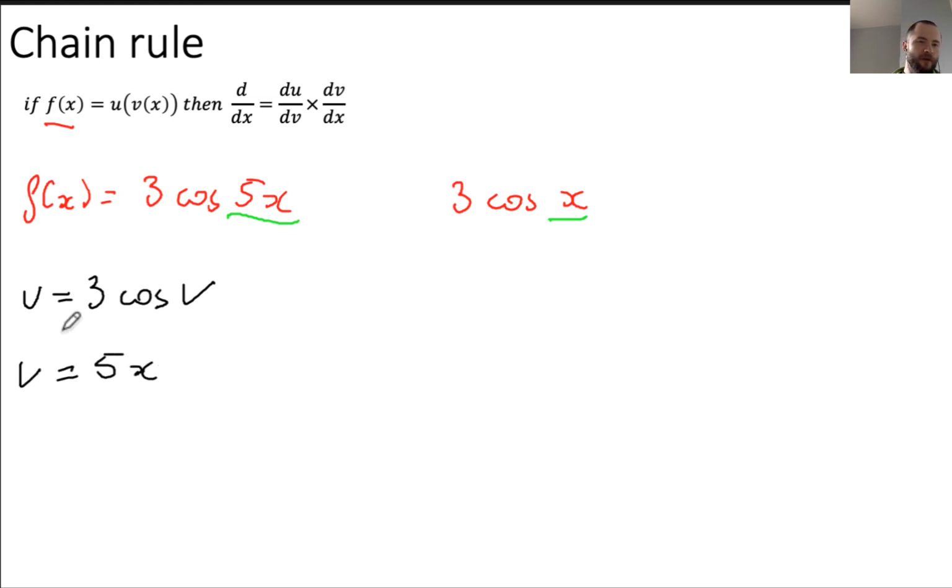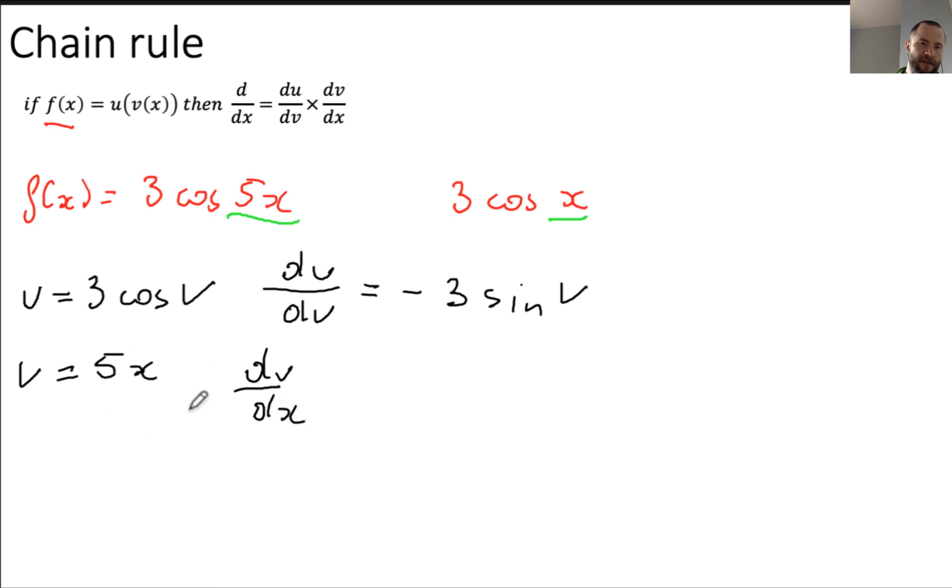So that's all well and good. I can find du dv. Note that v, the inner function, becomes the argument for the outer function. So the derivative of this is simply minus 3 sine v, it doesn't change. And then dv dx, the derivative of this function, is equal to 5.